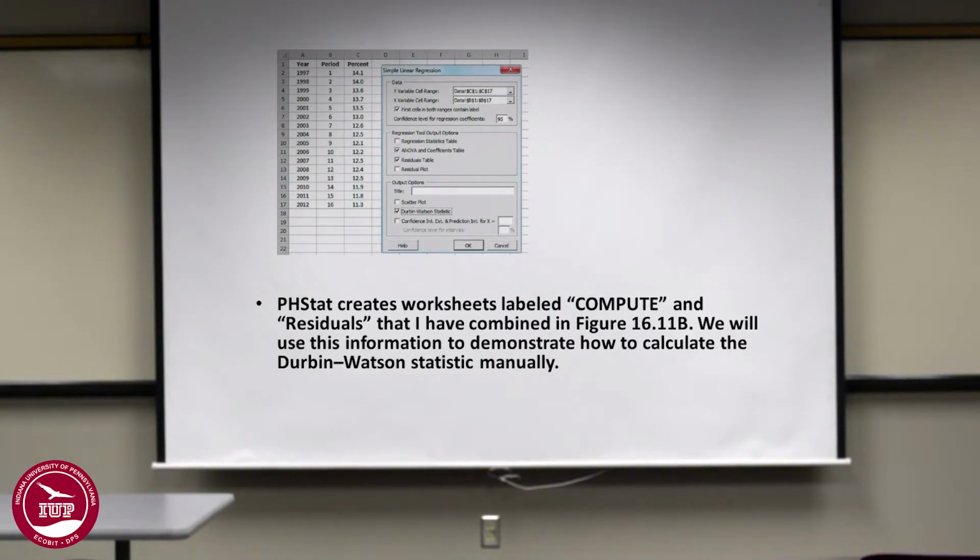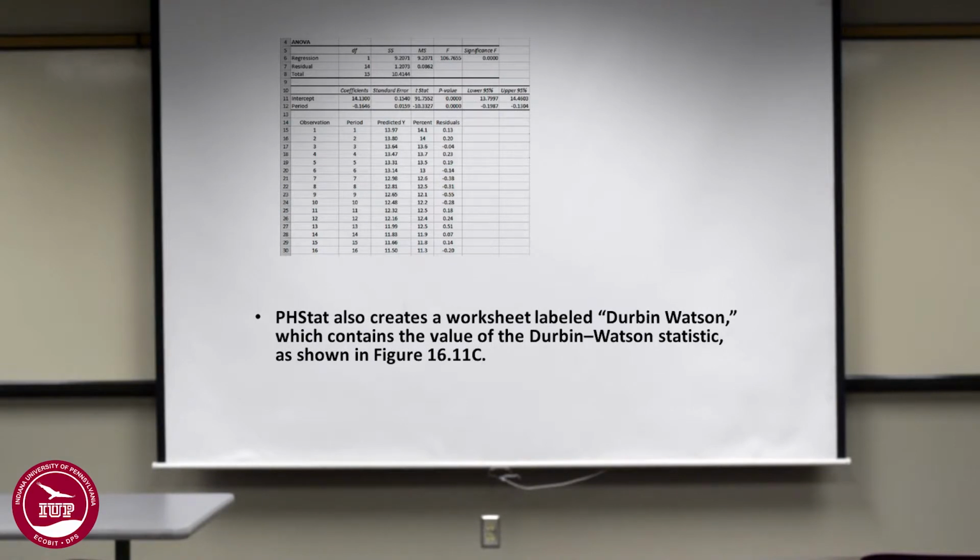PHStat creates worksheets labeled Compute and Residual that I have combined in figure 16.11b. We will use the information to demonstrate how to calculate the Durbin-Watson statistic manually. PHStat also creates a worksheet labeled Durbin-Watson, which contains the value of the Durbin-Watson statistic as shown in figure 16.11c.